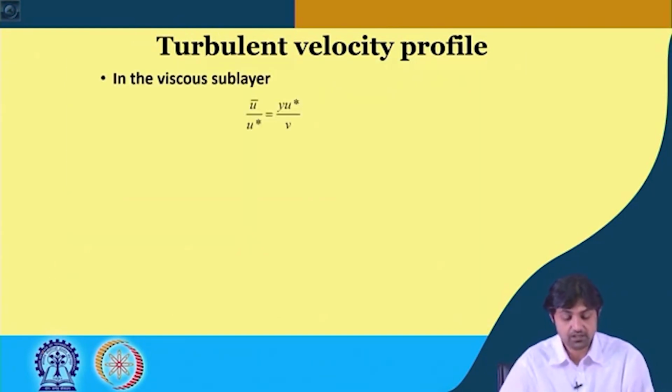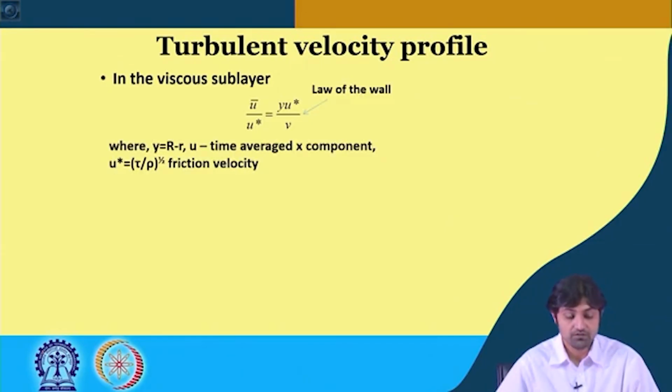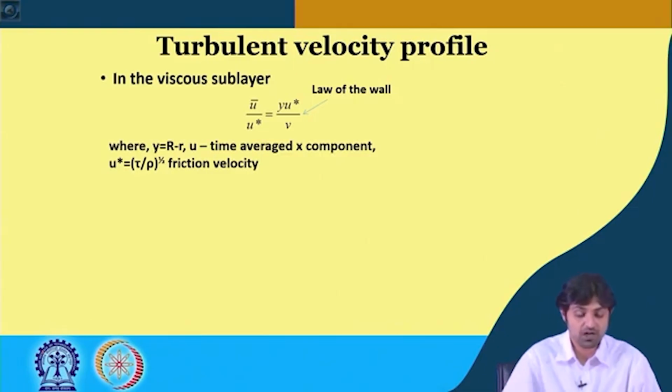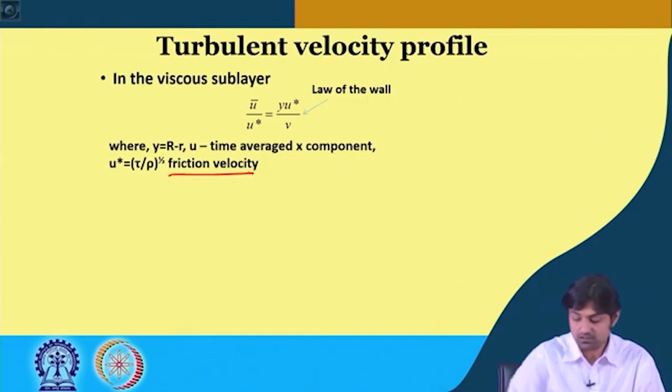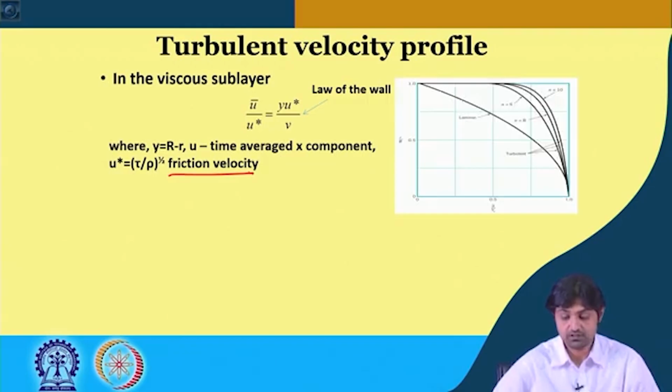In the viscous sublayer, we can write u bar by u star is equal to y u star by nu. This is called the law of the wall, where y is equal to R minus r. U bar is the time average x component and u star is (tau wall by rho) to the power half, also called the friction velocity.